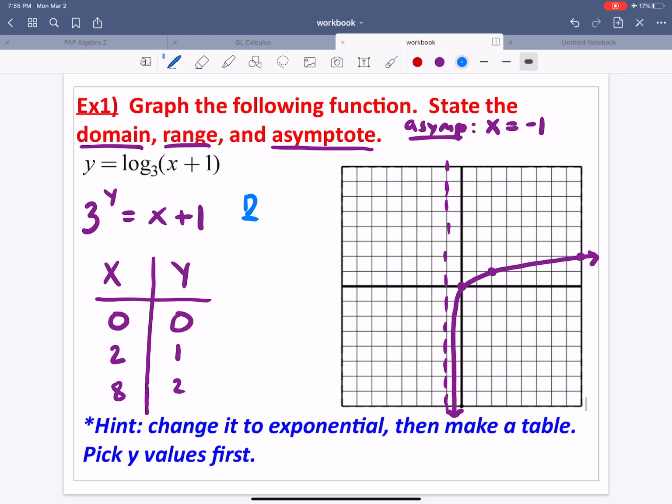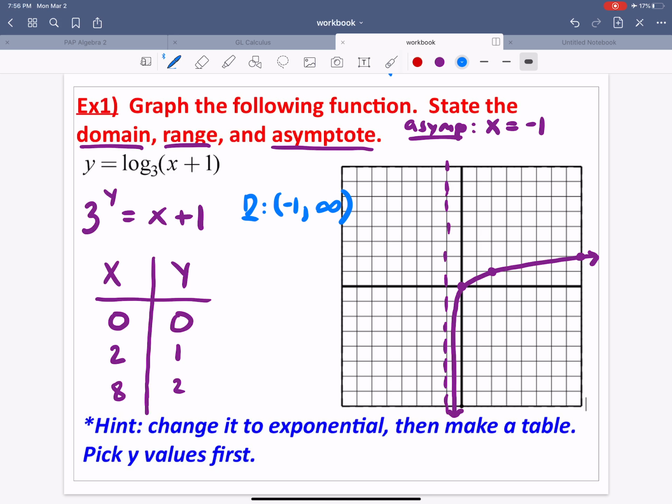The domain of this function, again, we always go for domain. We always go from left bound to right bound. Okay, so the left bound here is the asymptote. It's x equals -1. So that's going to be my left bound, -1. And then my right bound is going to go all the way over to infinity. So the domain is from -1 to infinity.